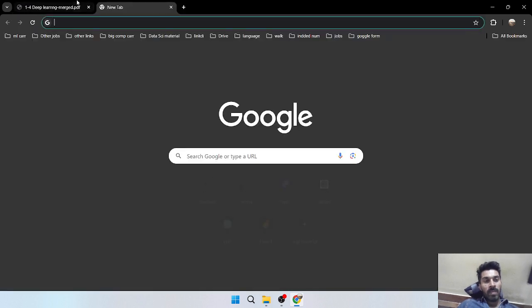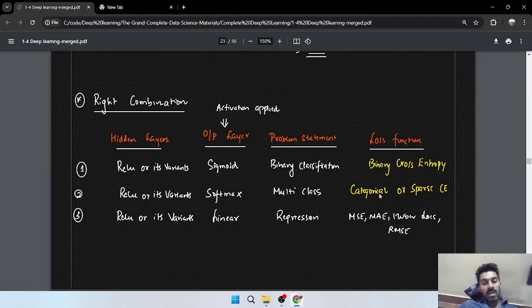Basically, it depends on how you want to show your data at the time of training. To train a model, you first have to create the input vectors and the output, like what the output looks like.